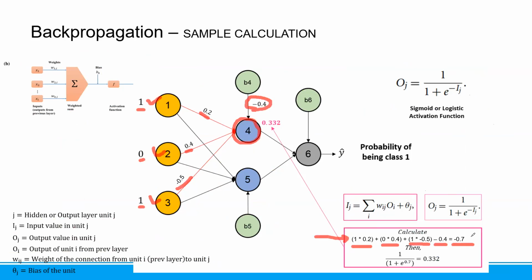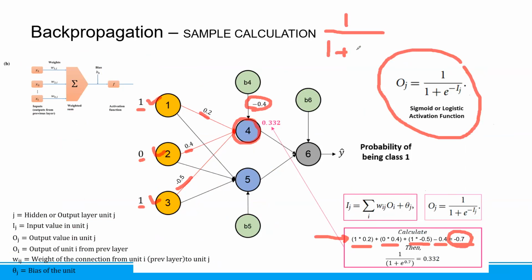Then after we have this minus 0.7, we will apply this formula. How to apply this one? It is 1 divided by 1 plus e, the natural number, to the power of minus Ij. The Ij is minus 0.7.